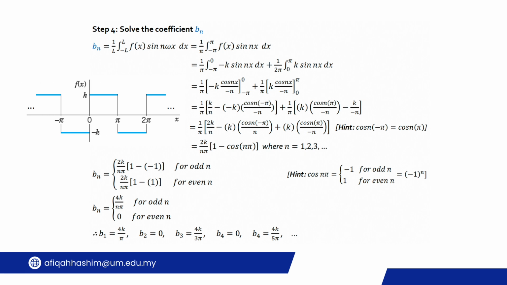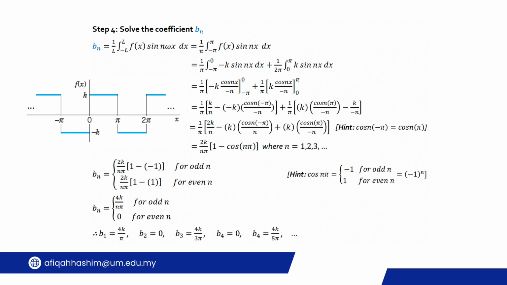So whenever you have this cos n pi, you know that you can convert this into negative 1 to the power n. So it becomes this, bn is equal to 2k over n pi, 1 minus negative 1 to the power of n.